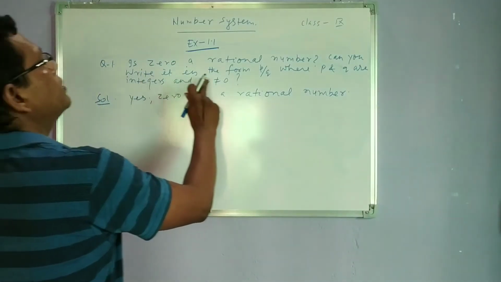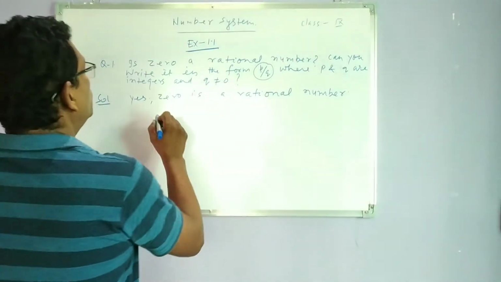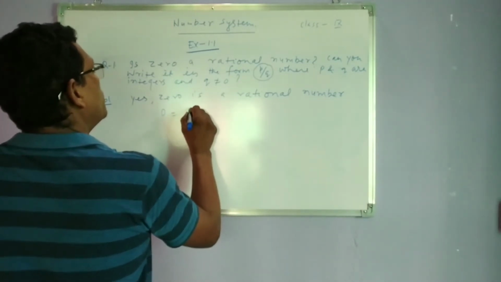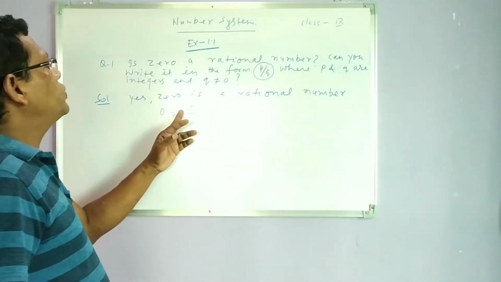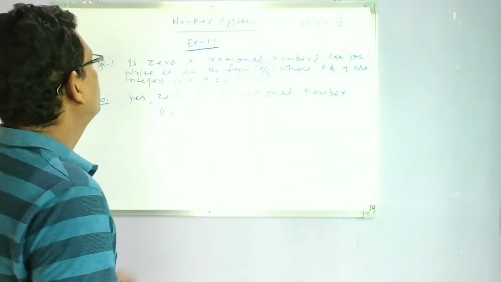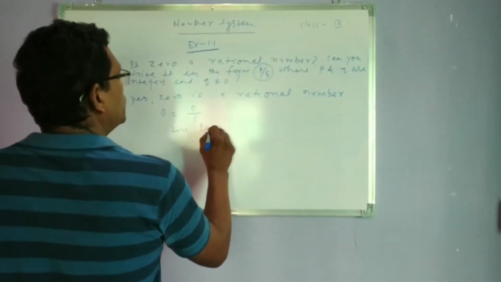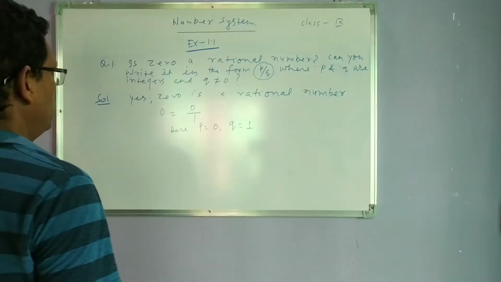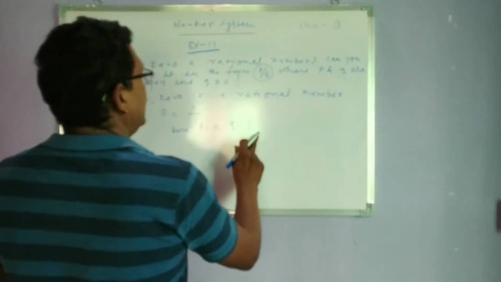It can be written in the form p upon q. So we can write 0 as 0 by 1, because when we divide 0 by 1, we always get 0 as quotient. Here p equal to 0 and q equal to 1, where p and q are integers.